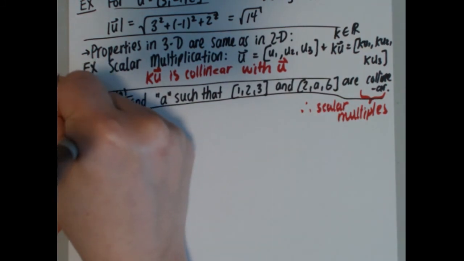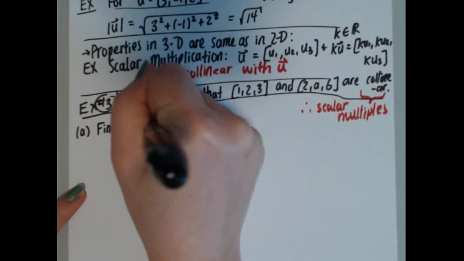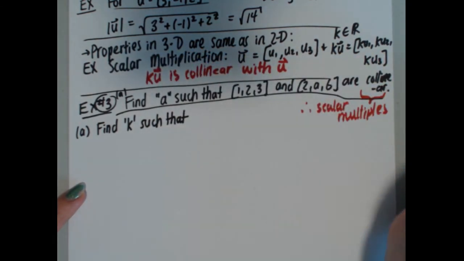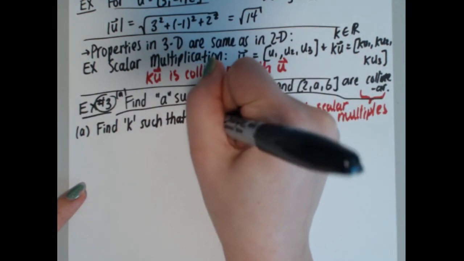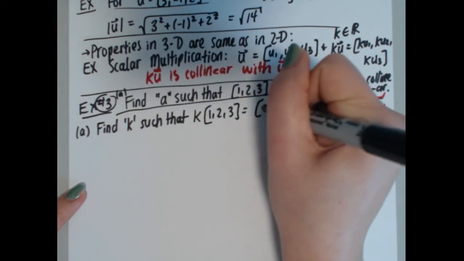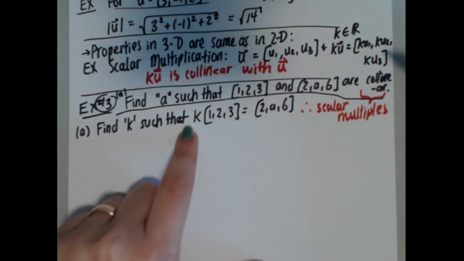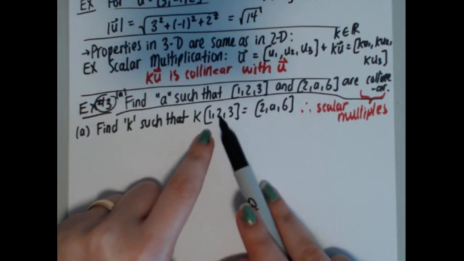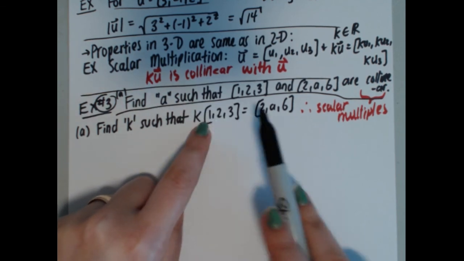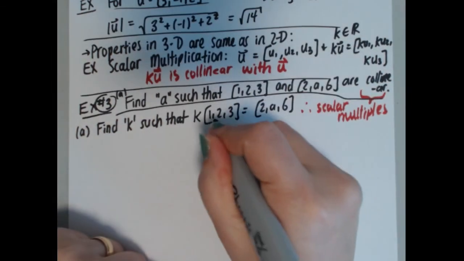So what that means is I have to find the k value such that when you multiply k to one vector, you get the other vector. That's the whole idea. So if I multiply k by (1, 2, 3), I need to get (2, a, 6). Whatever constant that is, it has to be the same constant for every single term, hence why it's outside. To get from 1 to 2, I have to multiply by 2.